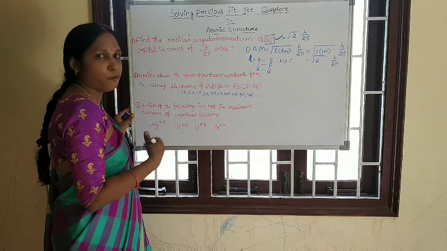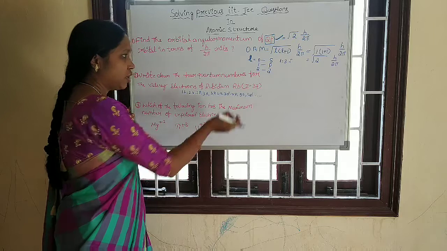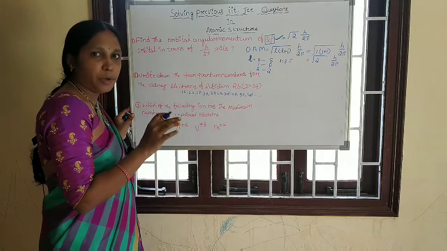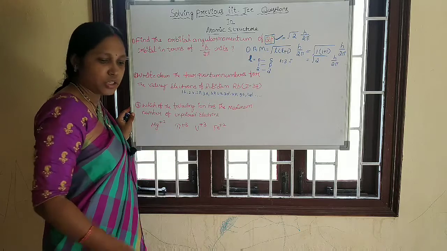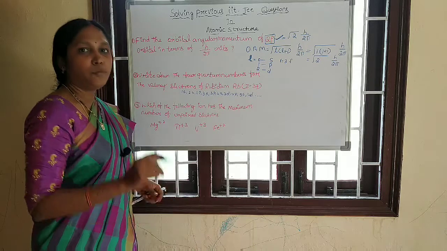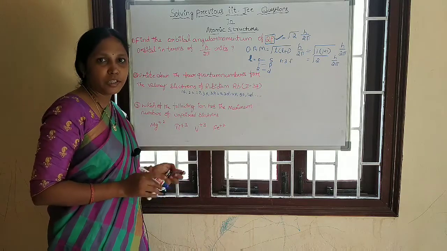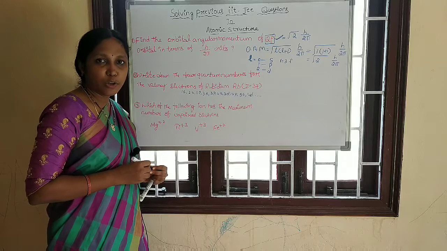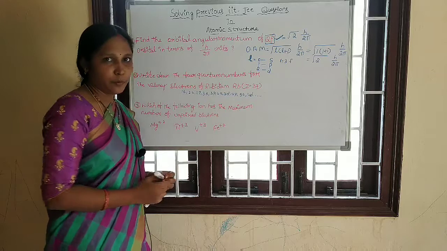That means the filling order of different orbitals. Or otherwise, if you know which group the element belongs to, that is very, very easy. If you know the group number, writing the 4 quantum numbers for the last electron of the element is very easy. Here see the rubidium.